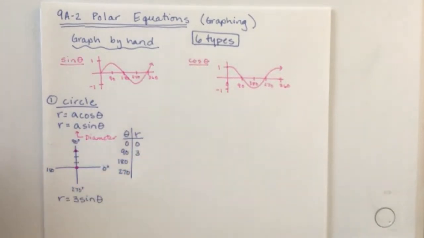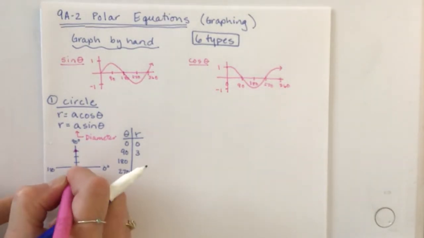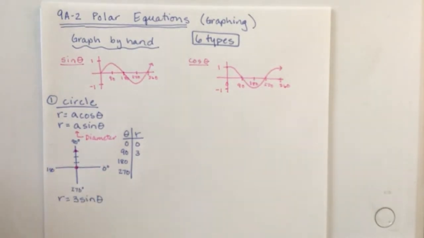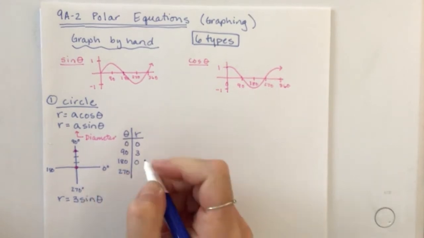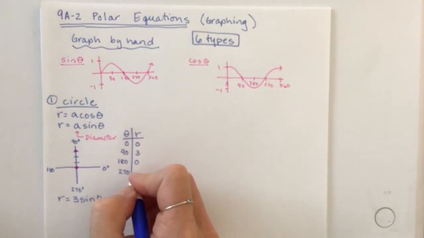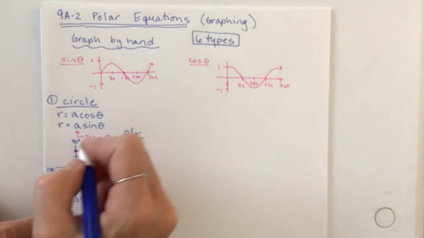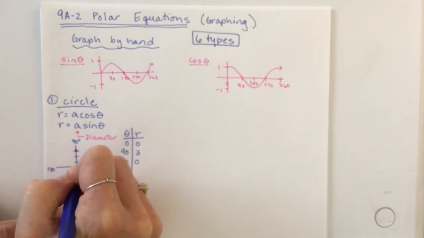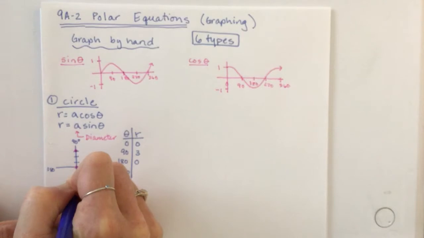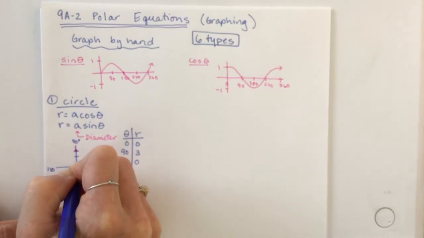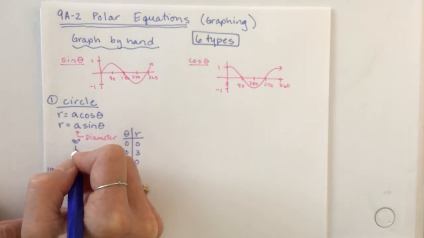And then at 180, we're back at 0. So we don't go anywhere. We come back here, 0. And then at 270, sine is negative 1. So instead of going down here 3, we're going negative 3 at 270. So we go negative 1, 2, 3, and we're back here.